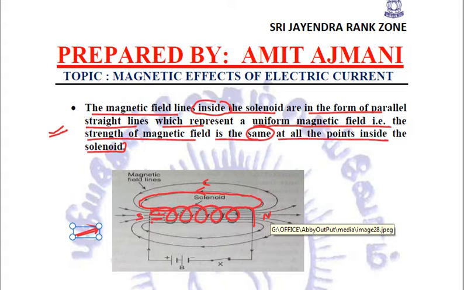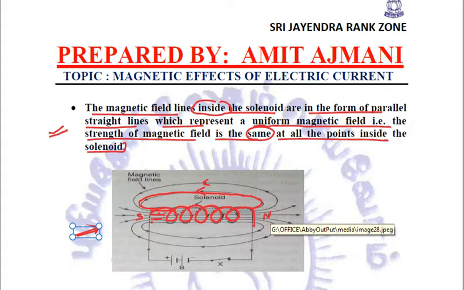First thing is that when current is passed, magnetic field is produced, which is exactly the same as that of a bar magnet. How? Two reasons. Number one, north pole and south pole. These two will be formed. Number two reason is that the magnetic field lines are going from north to south pole outside the magnet and from south to north pole inside the magnet or the coil.